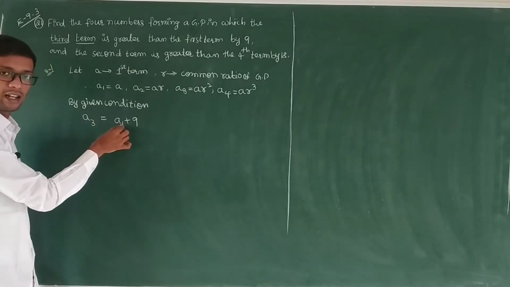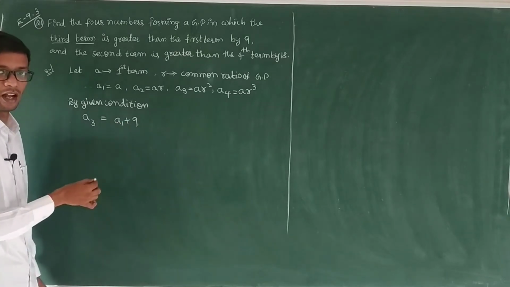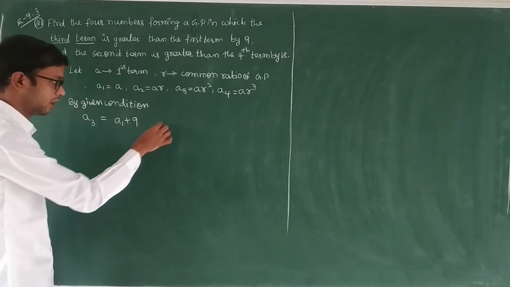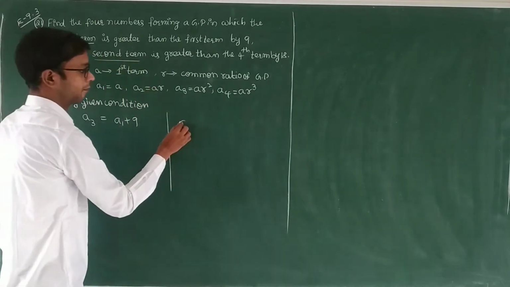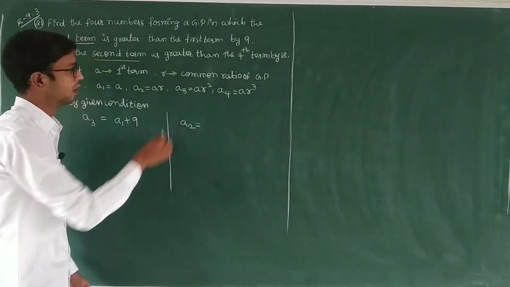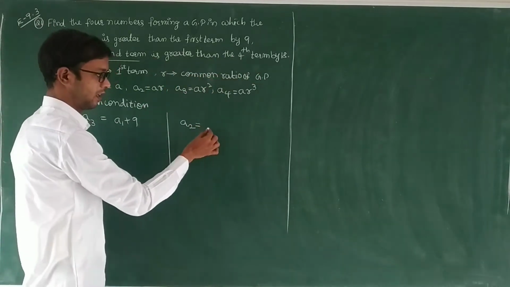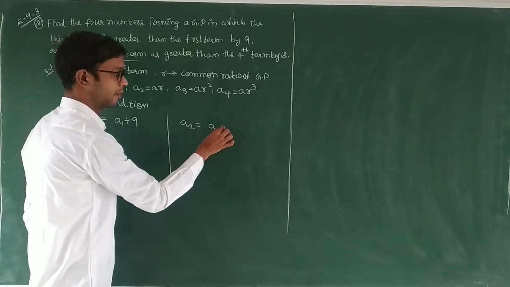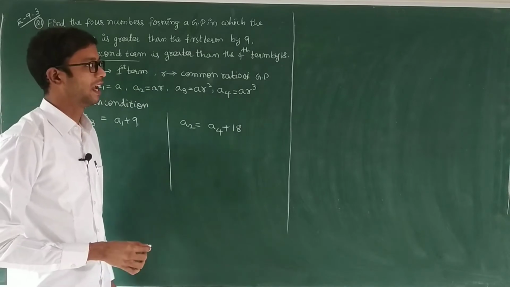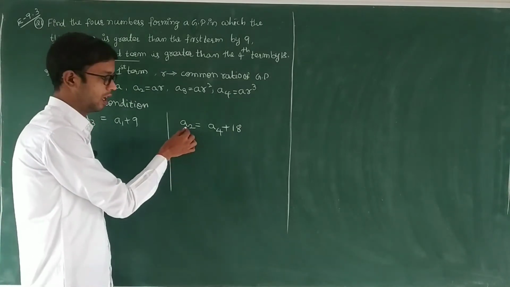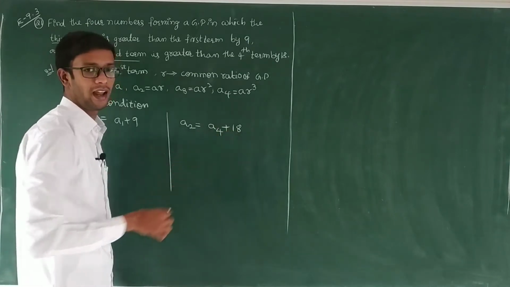Greater than by 9 means we have to make an addition. Next, the second term A2 is greater than the fourth term by 18. This means the second term is greater than the fourth term by 18.